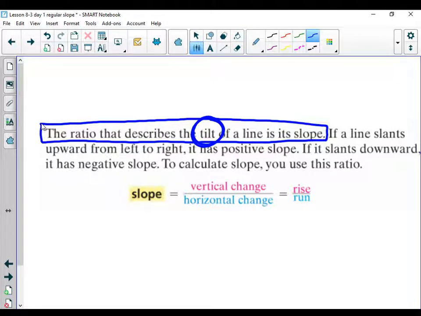Also, it says this word ratio. What's a ratio? It goes back to the first day of chapter 6.